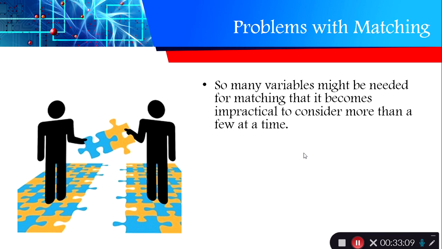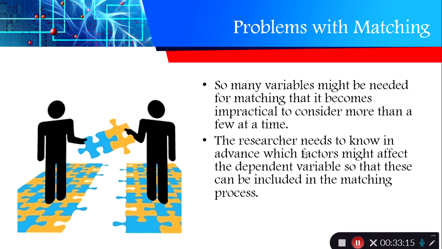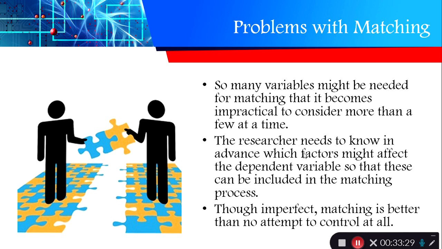However, this whole process of matching is not perfect by any means. There are so many variables that might be needed for matching that it becomes impractical to consider more than a few at a time. The researcher needs to know in advance which factors might affect the dependent variable so that these can be included in the matching process. Though imperfect, matching is better than no attempt to control at all.